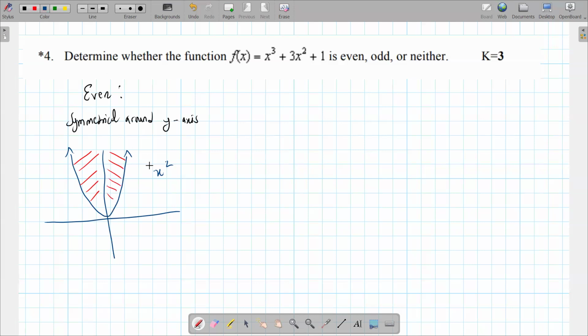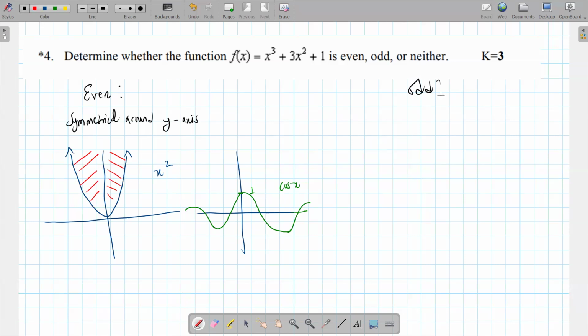Another example of an even function is cosine x. It goes through 1, looks like this. That is cosine of x. And again, whatever you have on the left-hand side of the y-axis, you have the exact same thing on the right-hand side. So that's an even function.